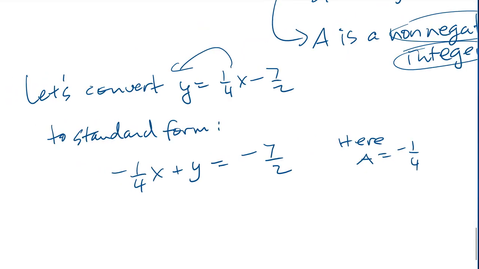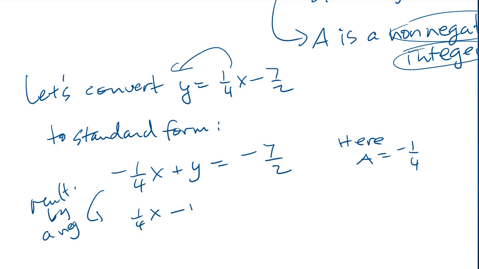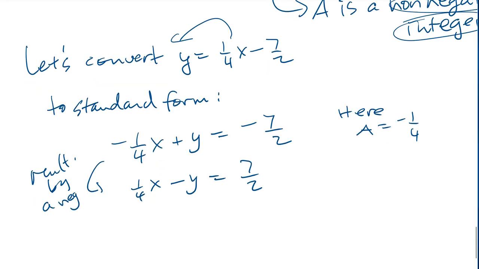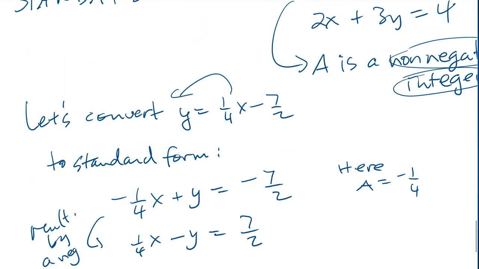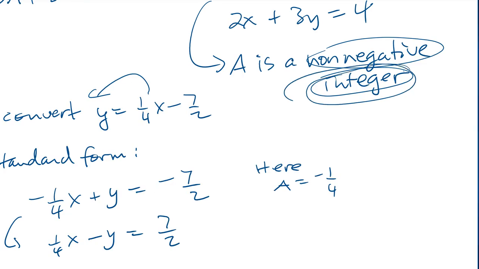So we'll multiply everything by a negative. So I get 1/4 x minus y equals 7/2. When you multiply by a negative on both sides, multiply each term by a negative.